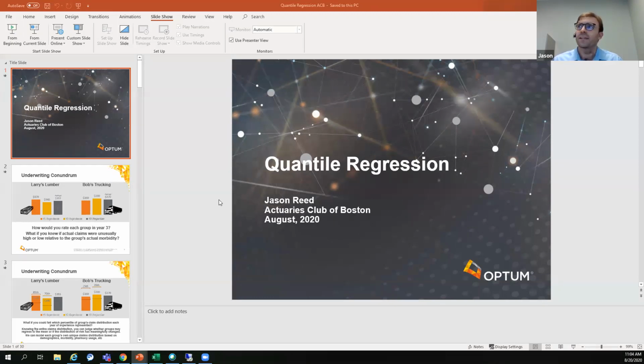You might look at high cost claimants and the reinsurance risk from them, but we don't know a whole lot more than these actual experience PMPMs. So how you're actually going to rate these groups in year 3, it's hard to have a good scientific way to do that. You might look at the average and say, these guys are trending below the average or above the average.